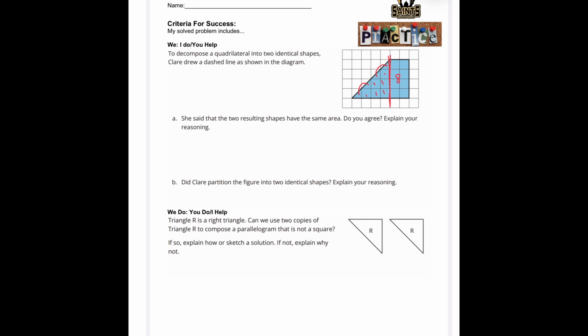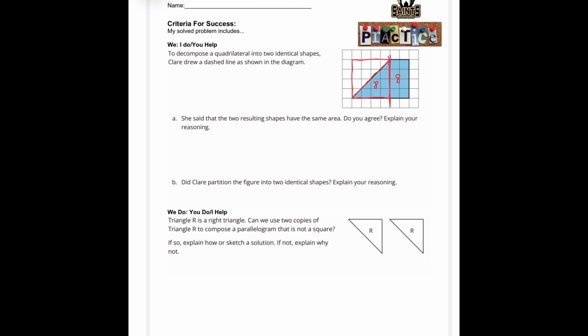Another way to do it would be to think of it as a parallelogram, or in this case a square, like that. And since we've got 4 by 4, that's going to be 16, but this isn't a full square, this is just half a square. So half of 16 is 8. So we know that must be 8 if that whole square is 16.